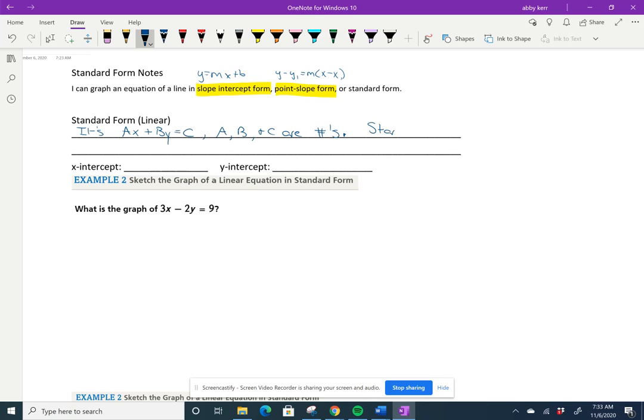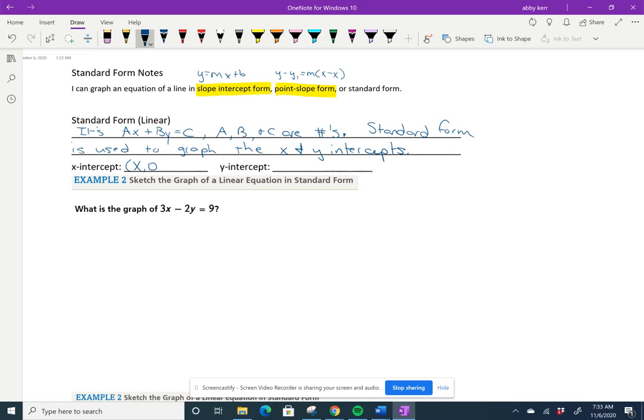Standard form is used to graph the x and y intercept. So we need to recall that the x-intercept is when y equals 0.